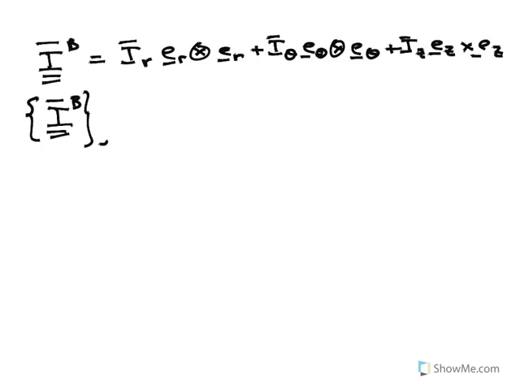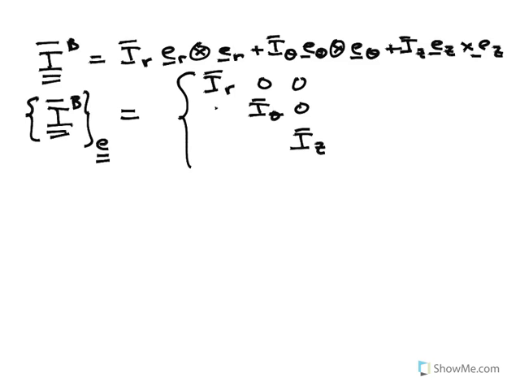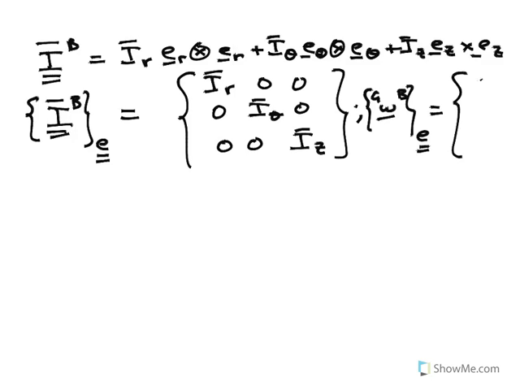When we write this in its matrix representation, this becomes a diagonal matrix IR bar, I theta bar, IZ bar, and then all zeros. And remember that the angular velocity of the body in the ground, when expressed in this basis E, is equal to 0, 0, and theta dot.